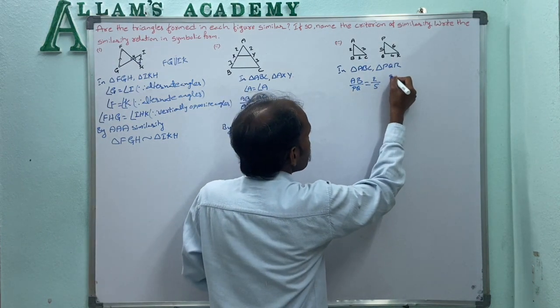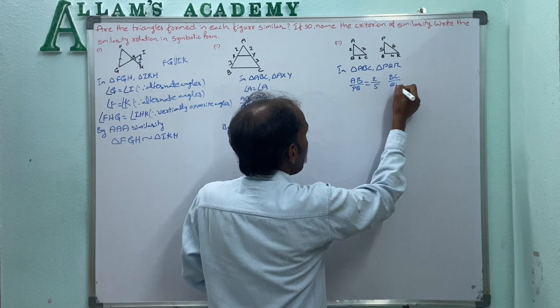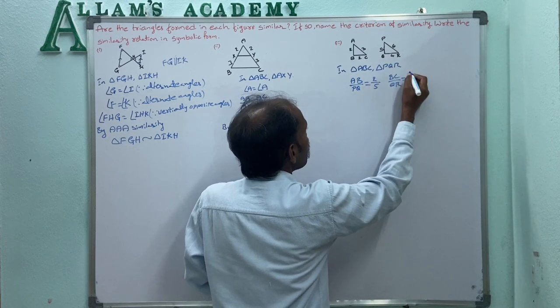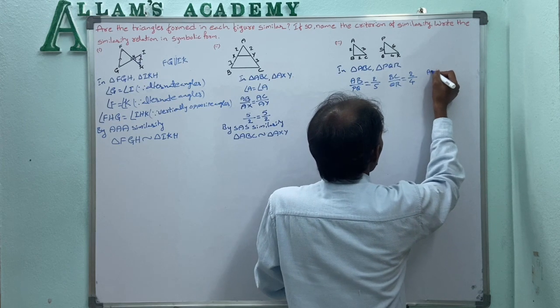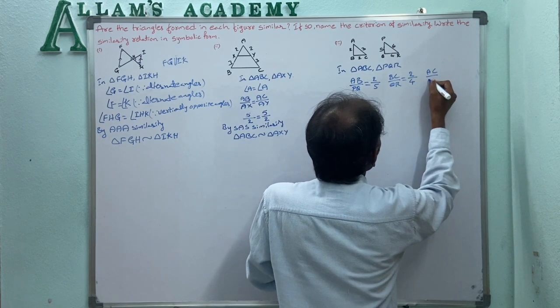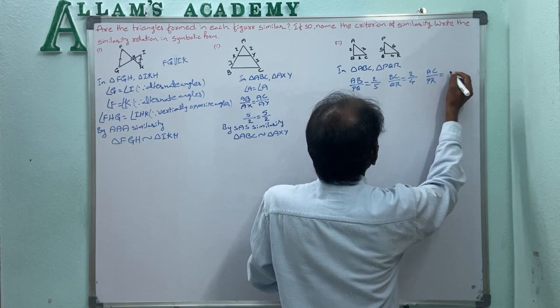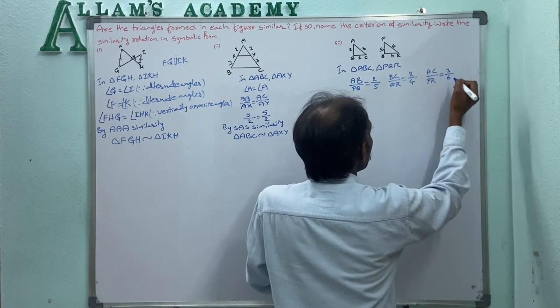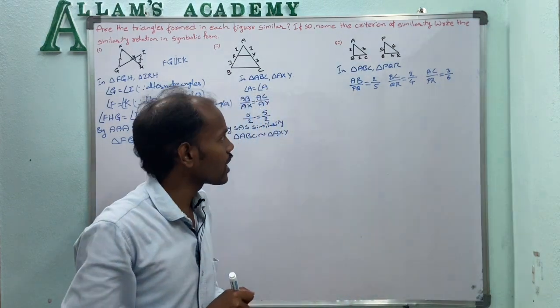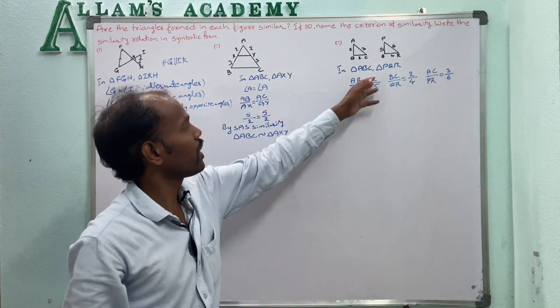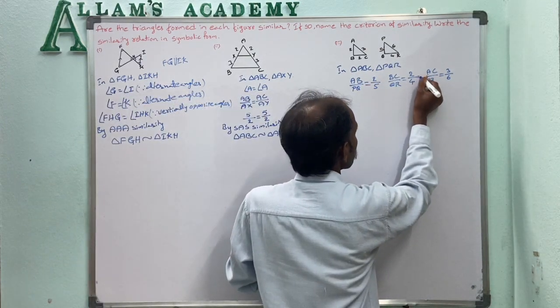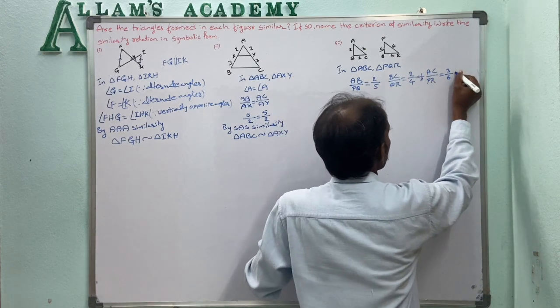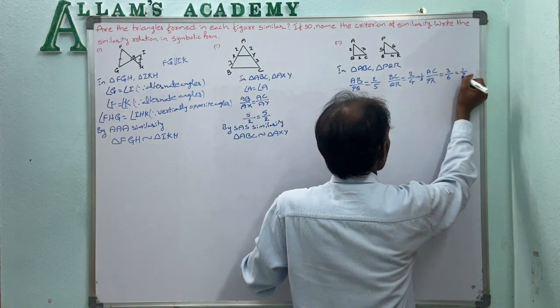Next, BC by QR equals 2 by 4, and AC by PR, the corresponding side, equals 3 by 6. Now 2 by 5 cannot be simplified, but 2 by 4 simplifies to 1 by 2, and 3 by 6 is also 1 by 2.